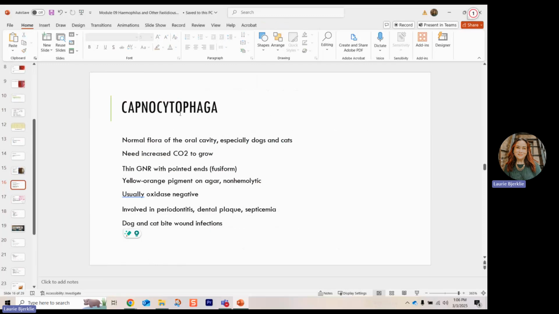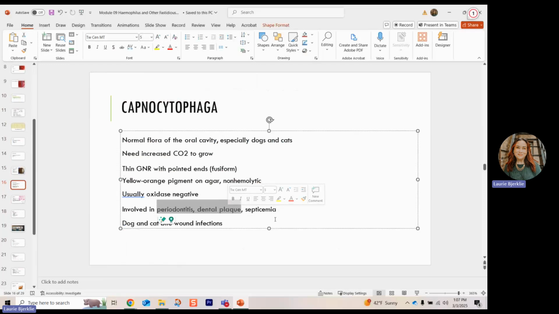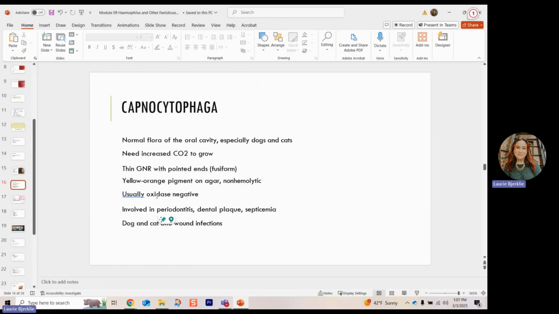So that's mainly what Capnocytophaga has been linked with, dog and cat bite wound infections. It can be involved in some other stuff too, but mainly all mouth stuff, dental plaque, periodontitis. That's all oral cavity kind of stuff. Now, this is a gram-negative, but this one is oxidase negative typically, and that's all I need you to remember for Capnocytophaga.